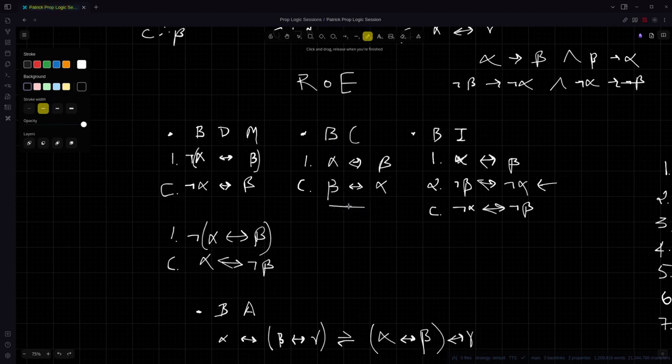So you can think of this as a converse. You can take the inverse and you can also do a contrapositive. And this all becomes possible because the biconditional is a symmetric operator. So the contrapositive is just the premise number 2, right? Yes, this is the contrapositive.